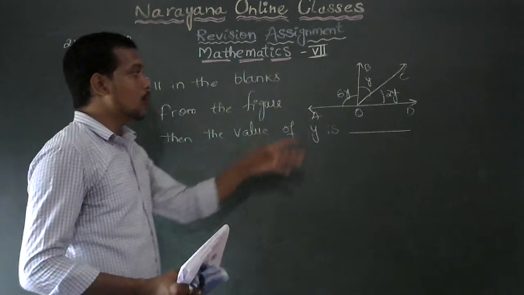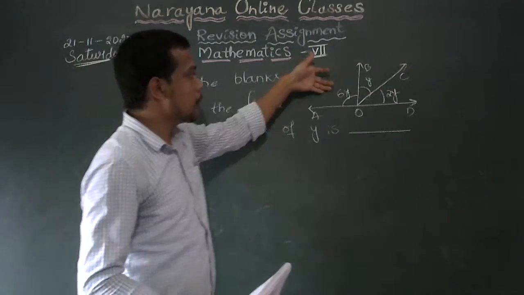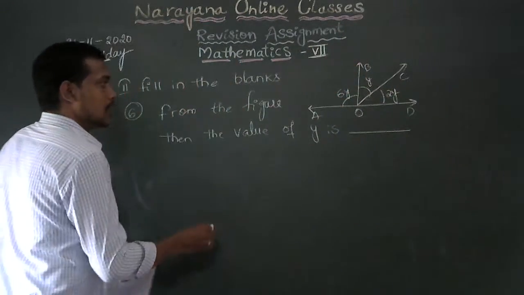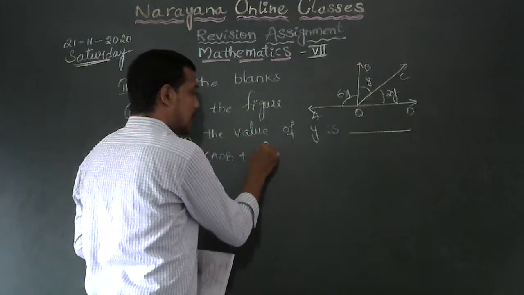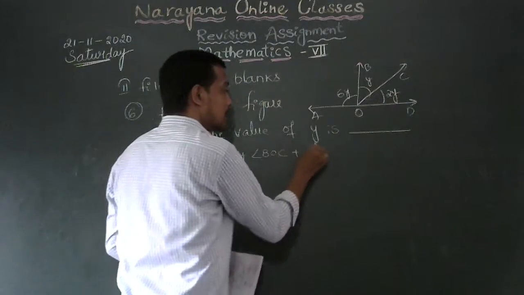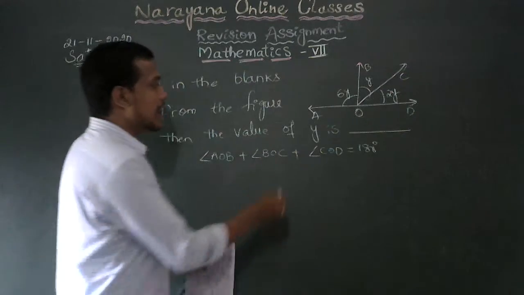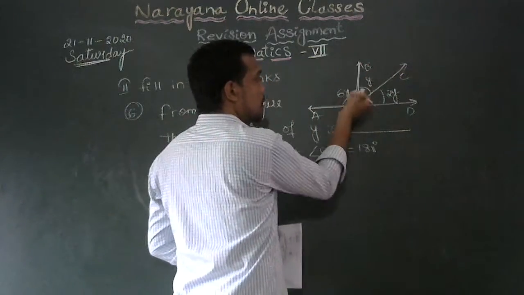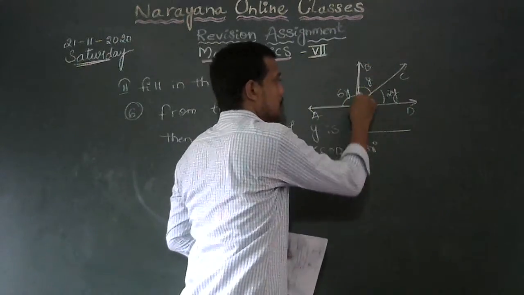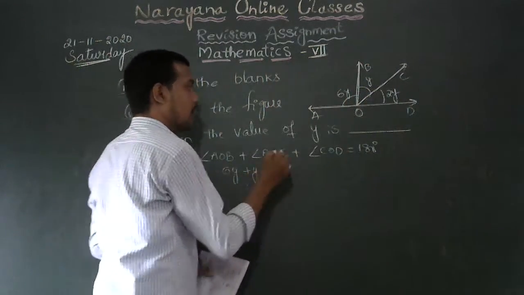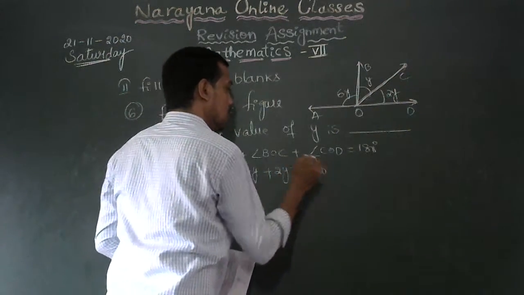If you see, this is in the form of a linear pair. Linear pair means the sum of the three angles is equal to 180. So angle AOB plus angle BOC plus angle COD is equal to 180 degrees. AOB is 6y, BOC is y, COD is 2y, equal to 180.